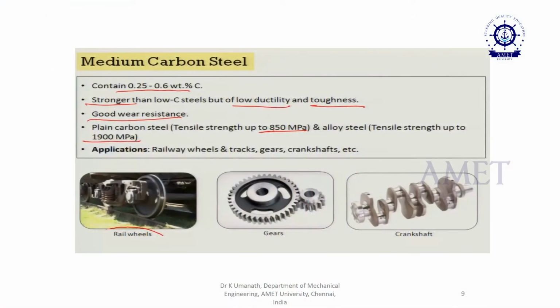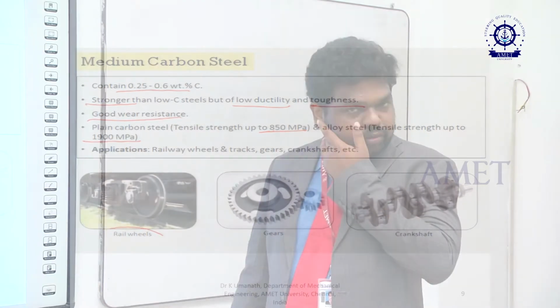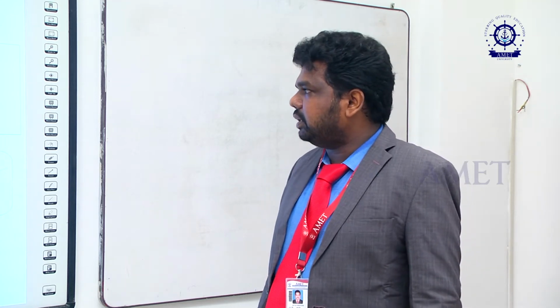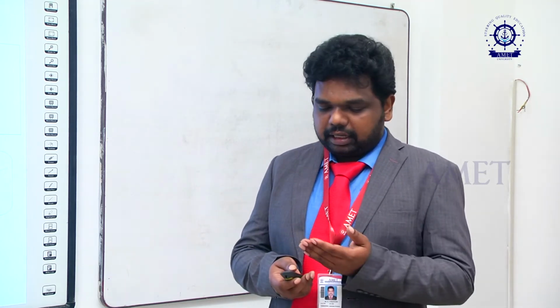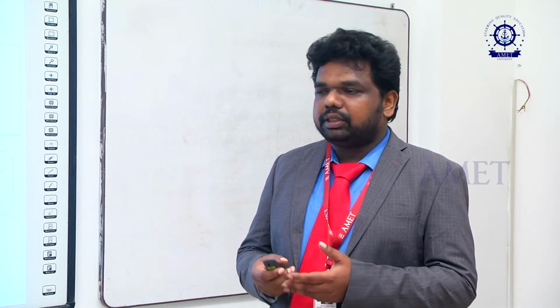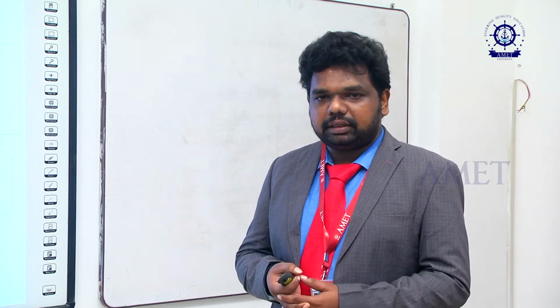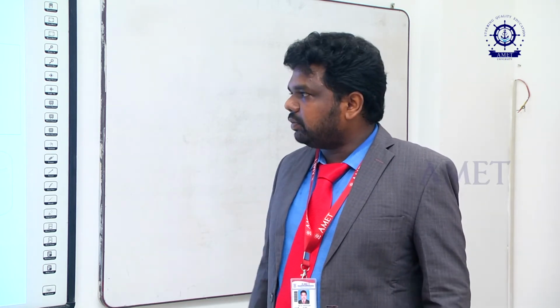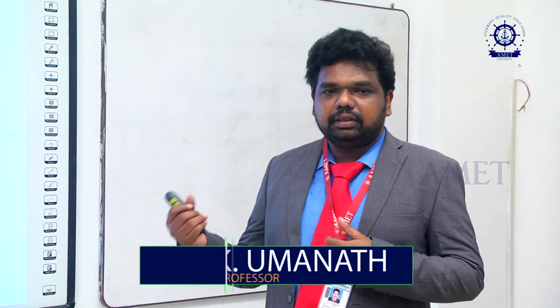In this order, next is medium carbon steel. Here, carbon content from 0.25% to 0.6% is normally called medium carbon steel. It is somewhat stronger than low carbon steel. It is used for gear applications, wheel applications, railway wheels, and crankshafts.